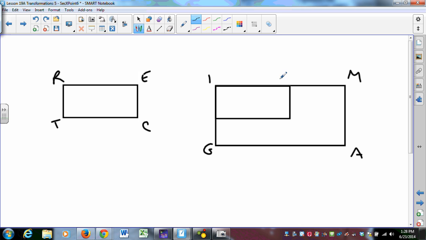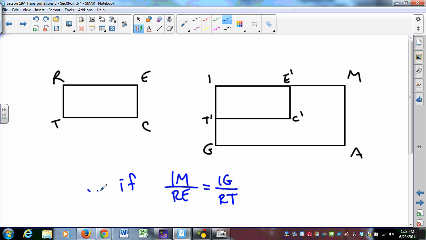So if I'm going to dilate, this is E prime, this is C prime, this is T prime, I have to know that IM to RE is the same as IG to RT.